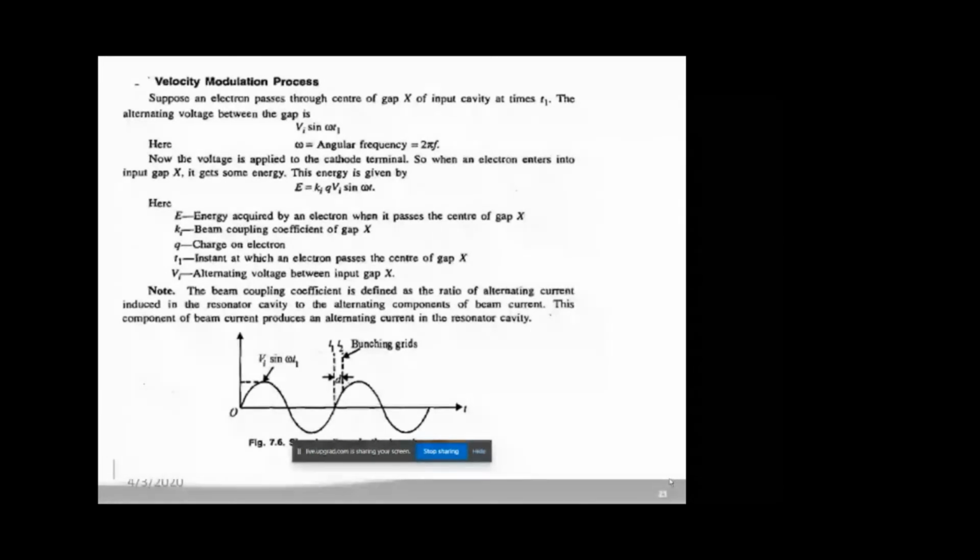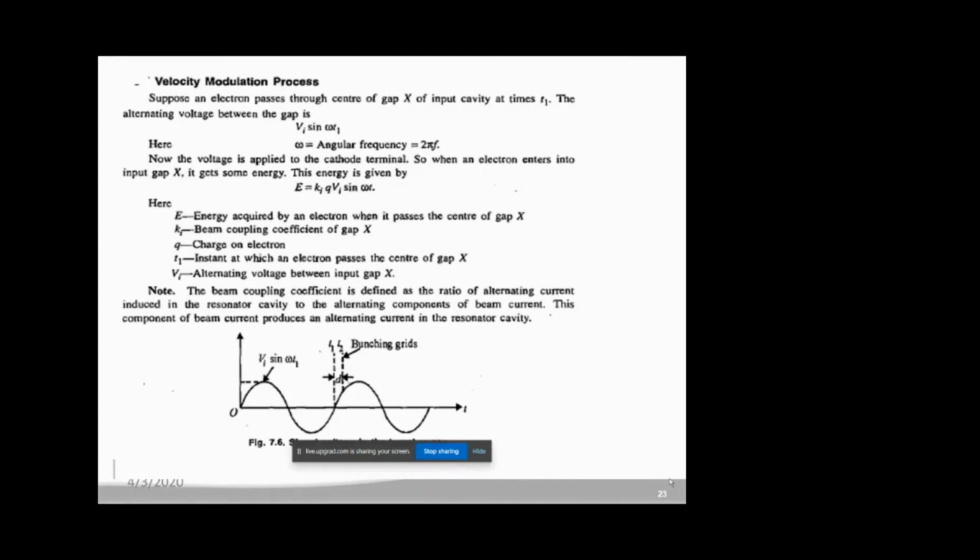Ki is the beam coupling coefficient of gap X. This beam coupling coefficient is defined as the ratio of the alternating current induced in the resonator cavity to the alternating component of the beam current. This component of beam current produces an alternating current in the resonator cavity.